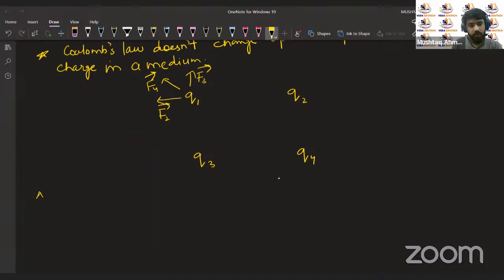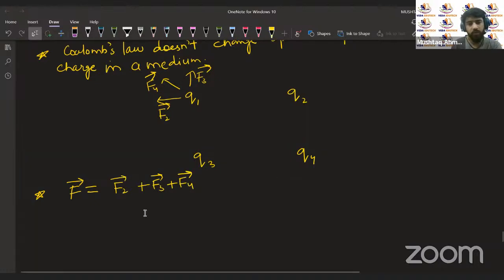If n number of charges are placed in front of a point charge, then the total force acting on that particular charge is the vector sum of all the individual forces because of the other charges. So the total force on this charge Q1, let's suppose that's given by F, will be the vector sum of F2, F3, and F4.